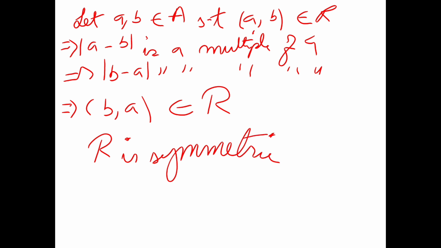Now for transitive. Take three elements: the first is related to the second, the second is related to the third, and we check whether the first is related to the third.